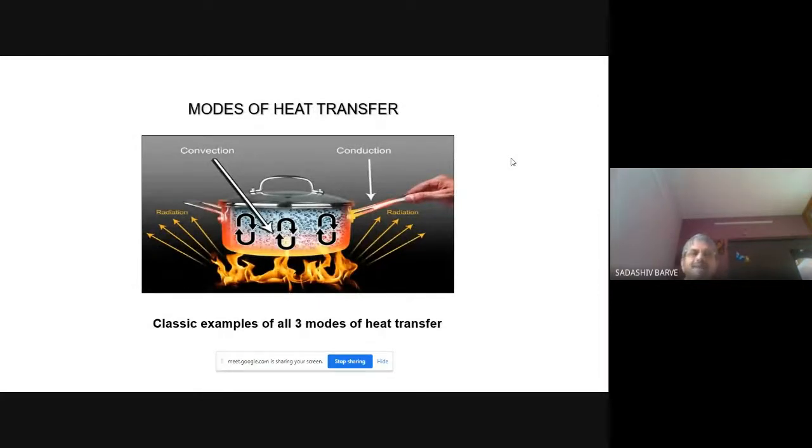Simply I am repeating here how heat transfer takes place by conduction from the hot object container to the hand, or it can be convection by the molecular heating and replacing back, or it can be radiation. These are the three basic modes of heat transfer.